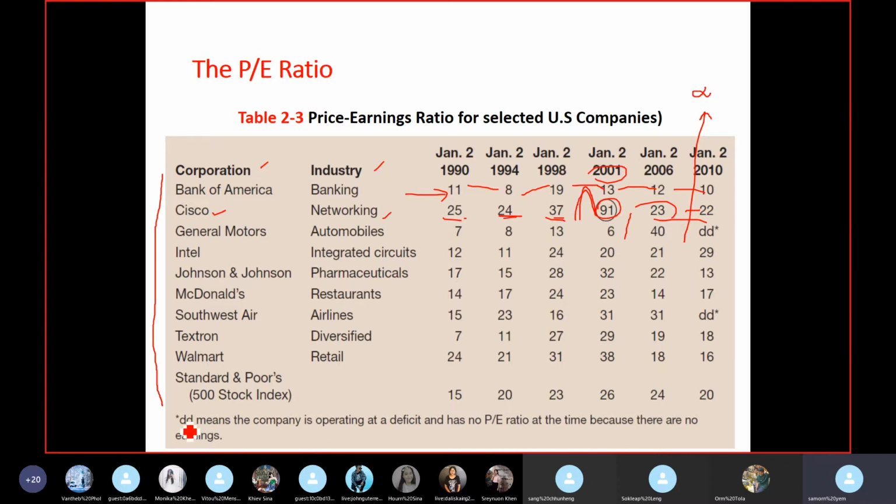Here you see this star note. It means that the company is operating at a deficit and has no PE ratio at the time because there are no earnings. So it means P divided by 0, which is equal to an indefinite amount.